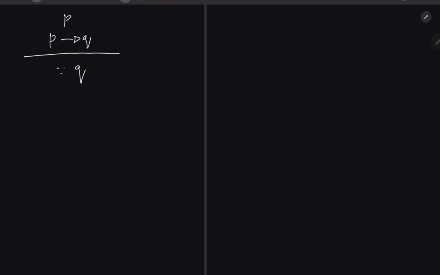And what is a tautology? A tautology is a symbolic way to write the correct statement. What will be the tautology for that? The tautology can be written as: if P is true and P implies Q is also true, then we can conclude that Q is true.